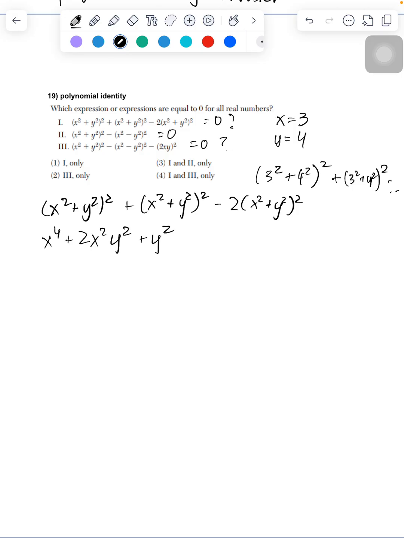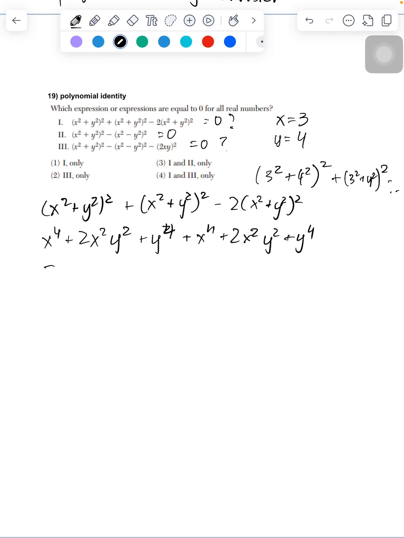Same thing over here. Sorry, this is y to the 4th: x to the 4th plus 2x squared y squared plus y to the 4th. Right, this is just a simple binomial expansion.